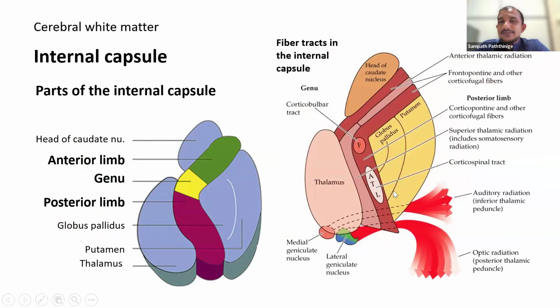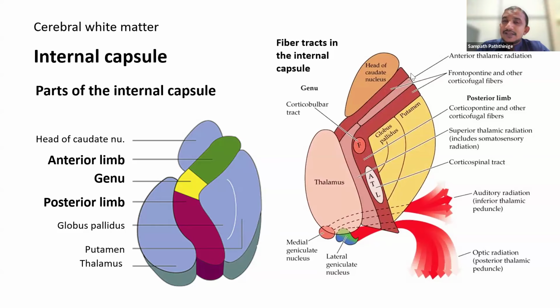The posterior limb carries the spinal sensations and the motor functions. The anterior limb carries the fibers towards the frontal lobe. And more posteriorly, arising from the internal capsule would be the optic radiation, which is going towards the optic cortex, and the auditory radiation, which is going towards the temporal cortex.